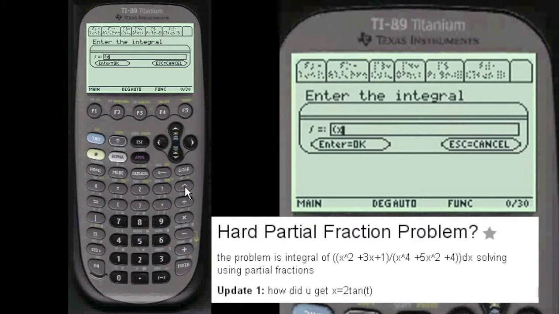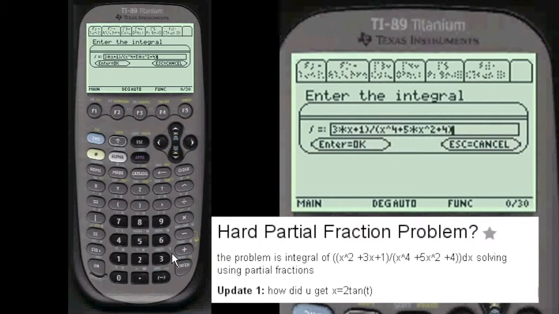x squared plus 3 times x plus 1, close off the parentheses, divided by, open up the parentheses, x to the 4th power plus 5 times x squared plus 4.